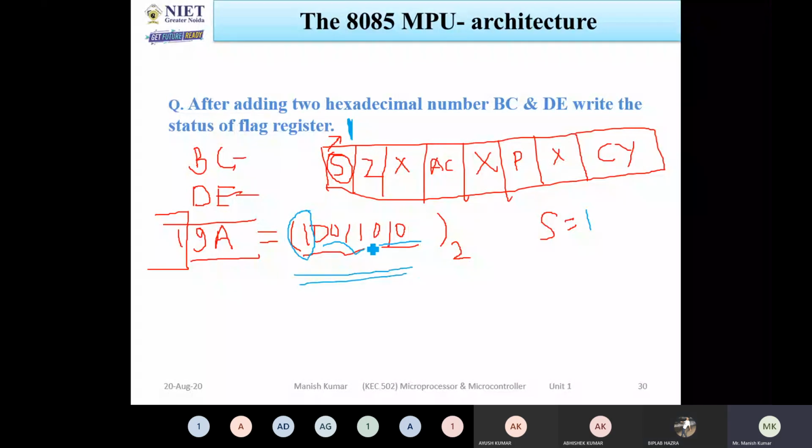If the MSB is 1, this number will be negative. If instead of 1 you were getting an answer like 8A, then this number would be called positive.